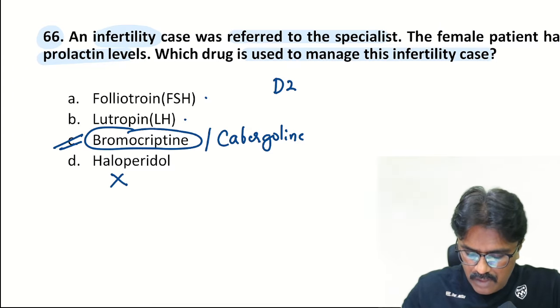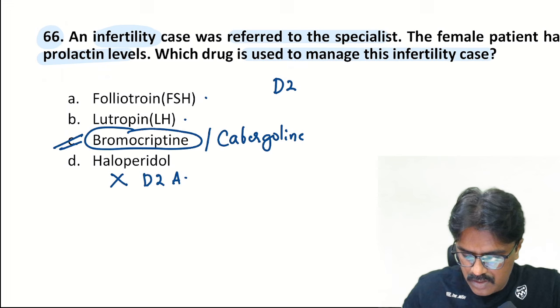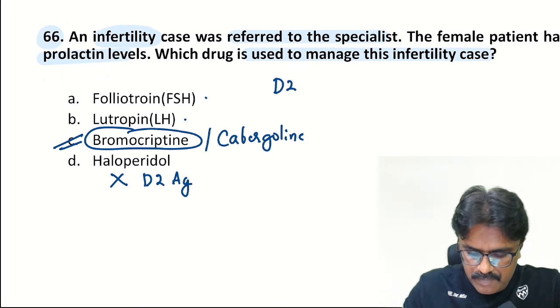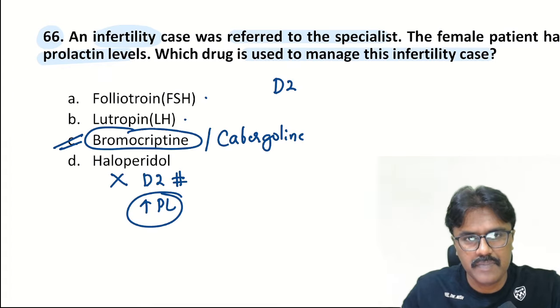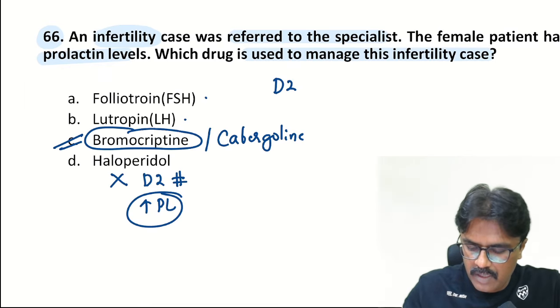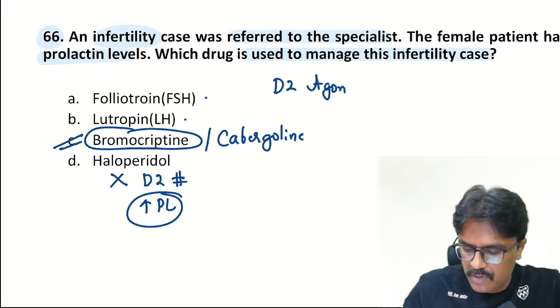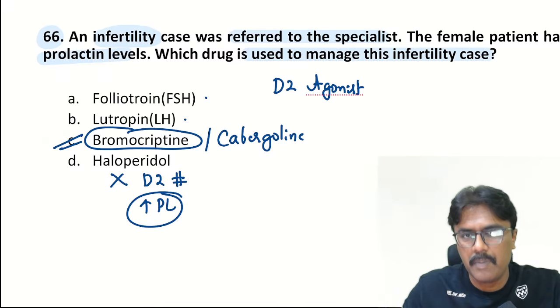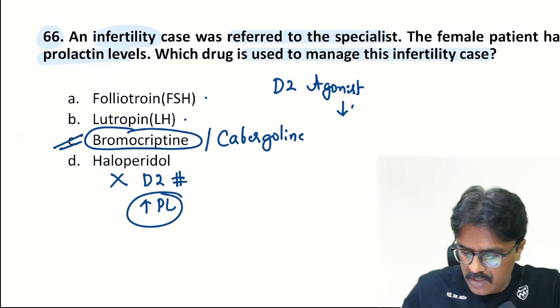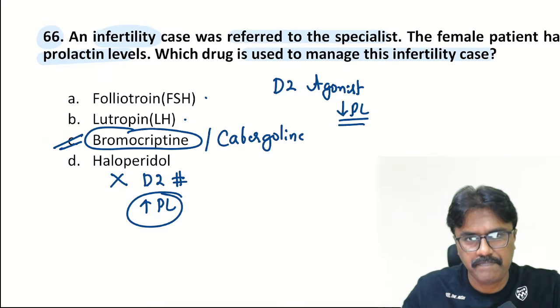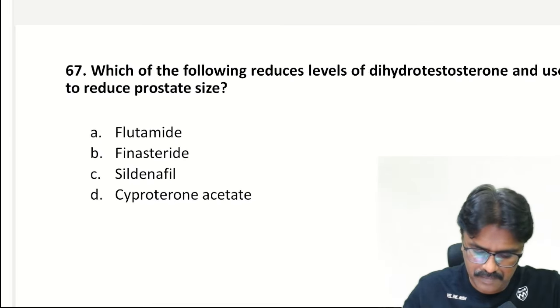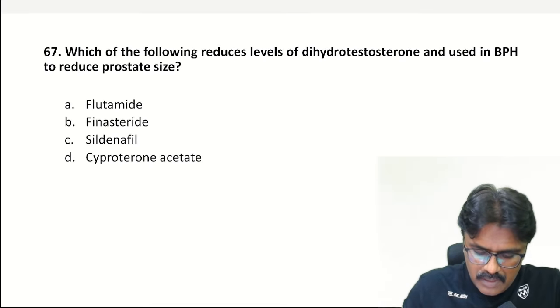Haloperidol is not at all given because it's a D2 blocker, and it increases prolactin levels and worsens the problem. So bromocriptine, cabergoline are D2 agonists which can be used to manage hyperprolactinemia, because D2 agonism decreases prolactin, antagonism increases the prolactin. So the answer is C. Correct? Yes.